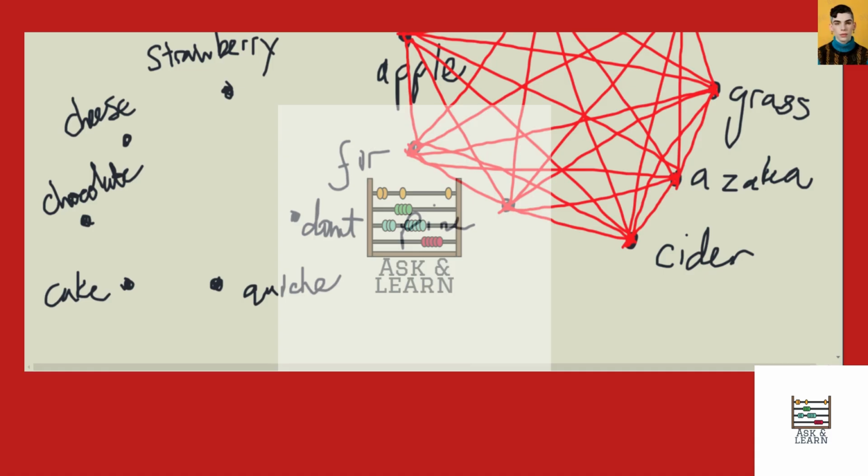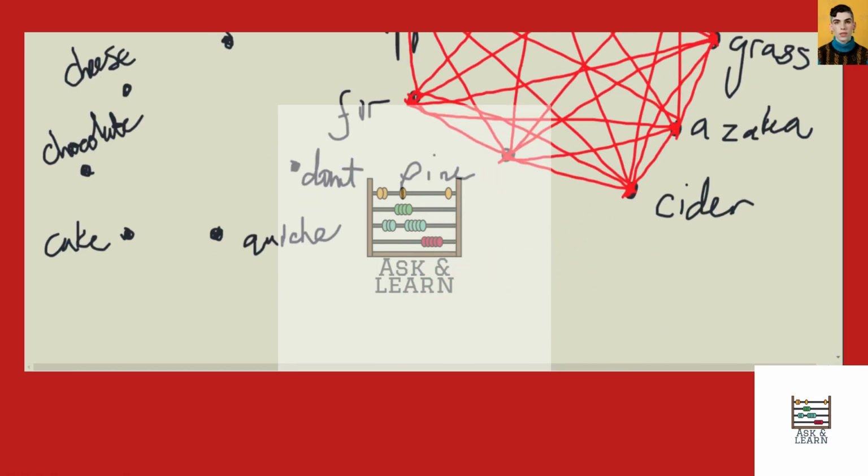I'm going to draw some vertices, make a little more space here. Raspberry down here. I'll move quiche out a little bit. So we should have 1, 2, 3, 4, 5, 6, 7, 8 foods.